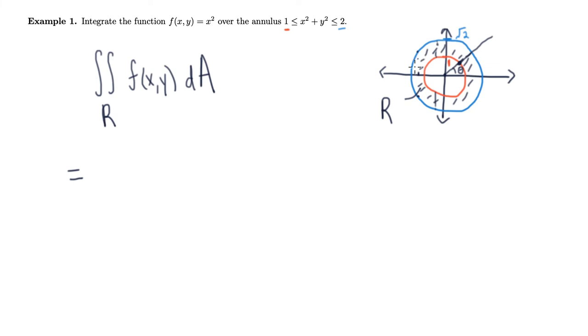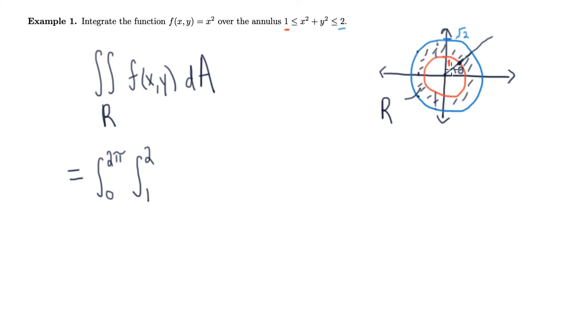Well, I'm going all the way around the circle. So theta is between 0 and 2 pi. So for theta between 0 and 2 pi, r is going between 1 and 2. Look how easy it is to describe this region in polar coordinates.